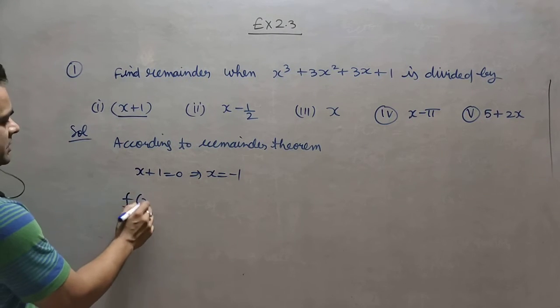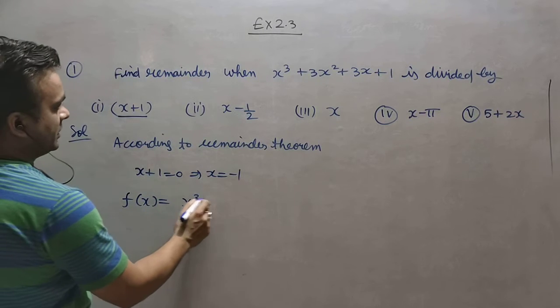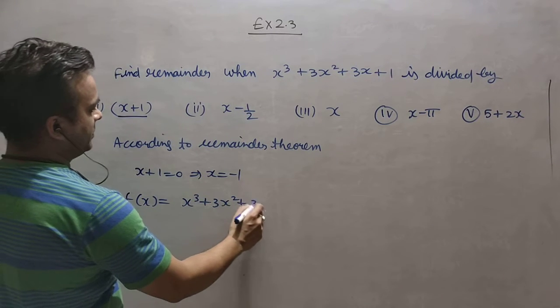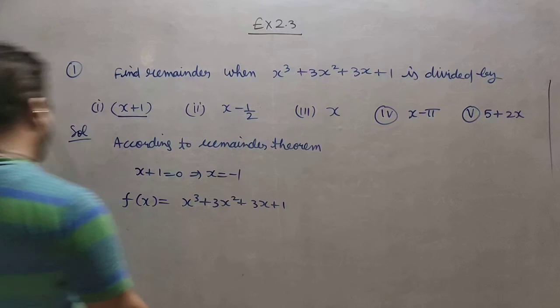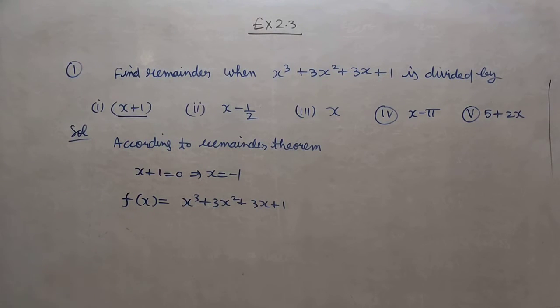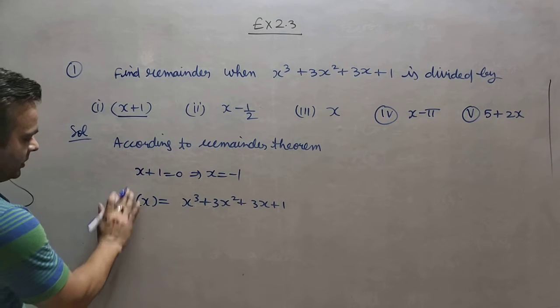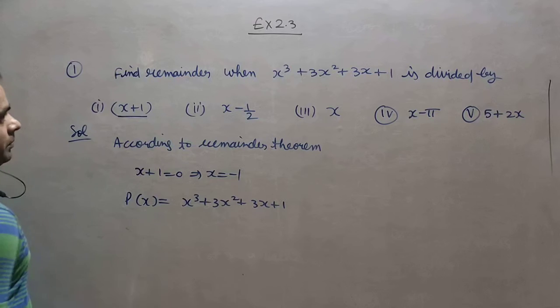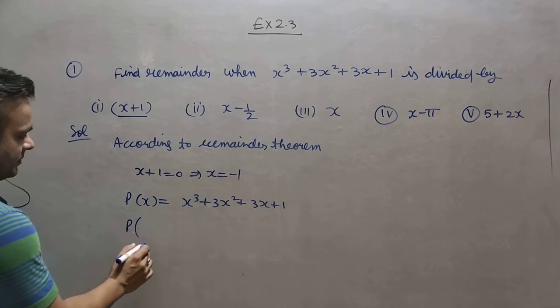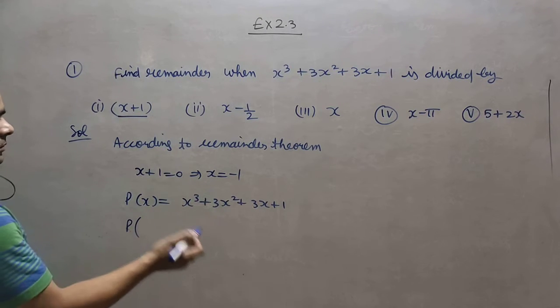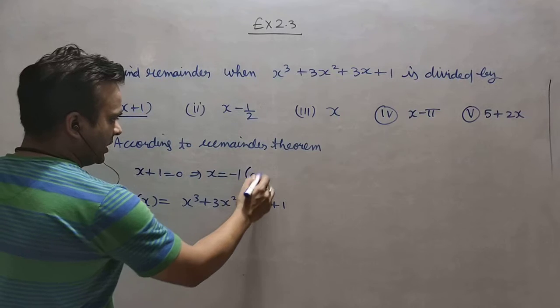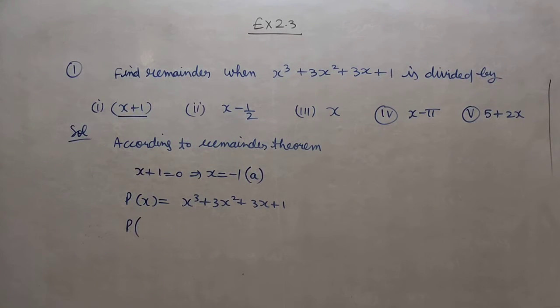So f(x) is x cube plus 3x square plus 3x plus 1, and the remainder theorem says that the value of the polynomial, if I write it as p, p(a) will be equal to the remainder.